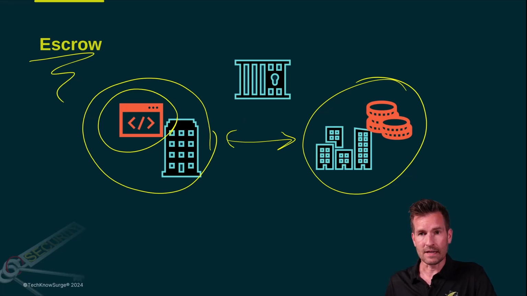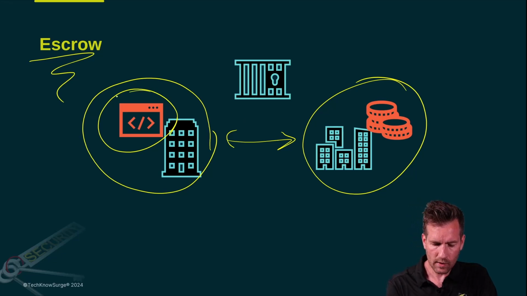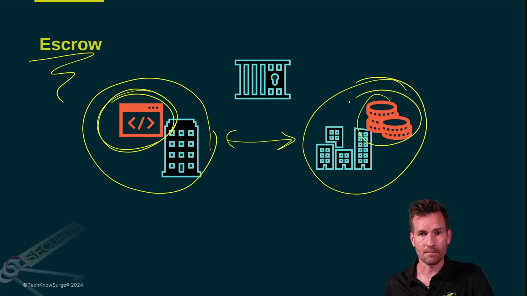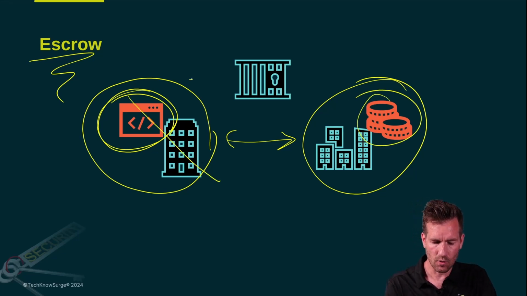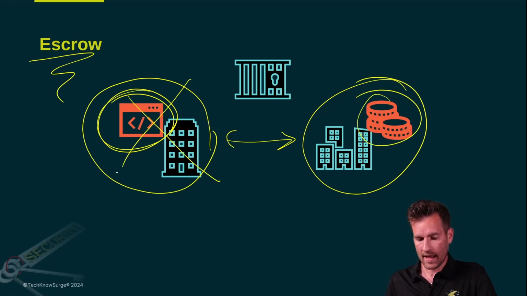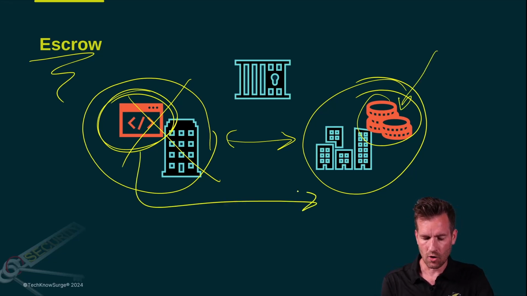Now, the problem is that they relied on our code for them to make their money. If something happened to us, they could be in danger of going out of business. And we didn't want to give them the code because then they could just steal the code and they wouldn't need us anymore.